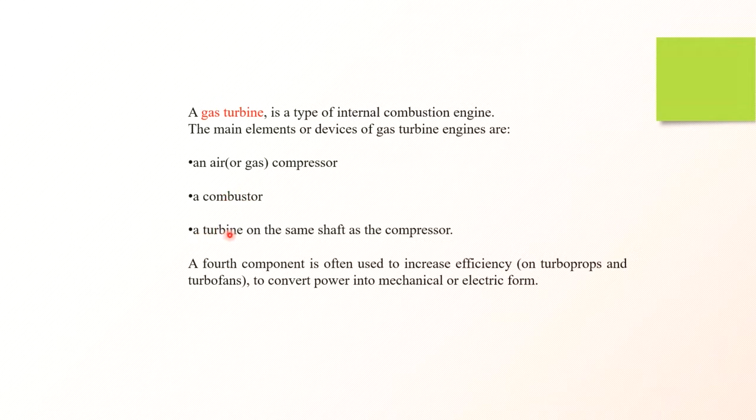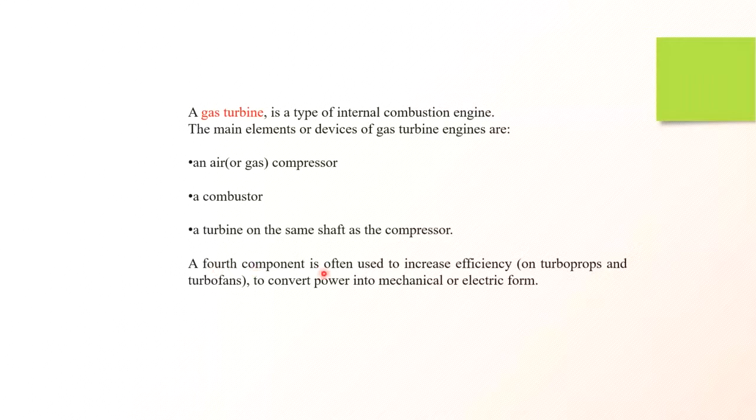Now a turbine is used to extract the heat energy that is within the gas, and then it drives the compressor and also a generator, if a generator is attached to it, to convert to axial thrust or especially electrical energy or power.